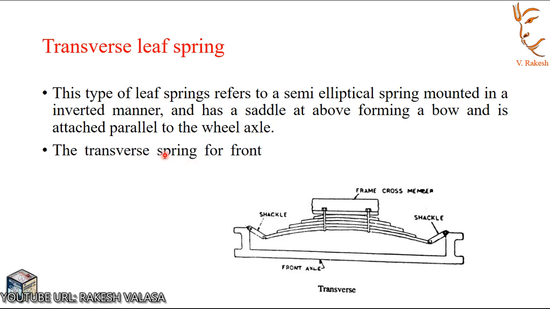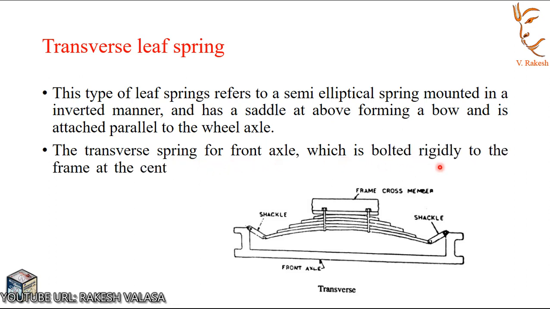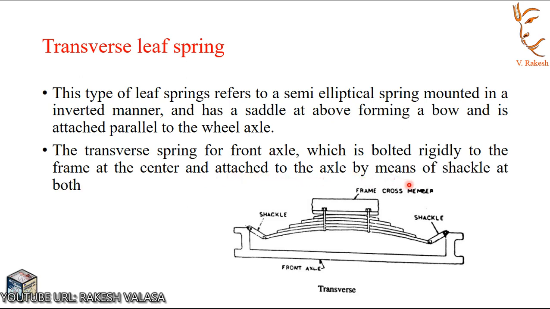The transverse spring for front axle is bolted rigidly to the frame at the center and attached to the axle by means of shackle at both ends.